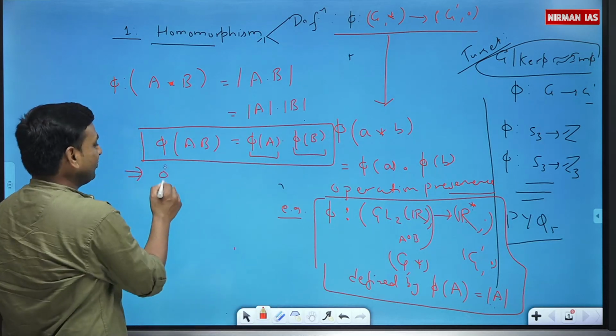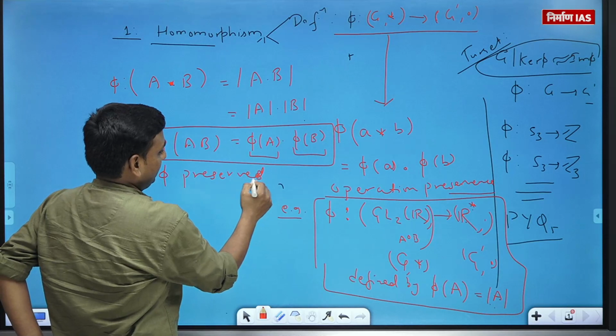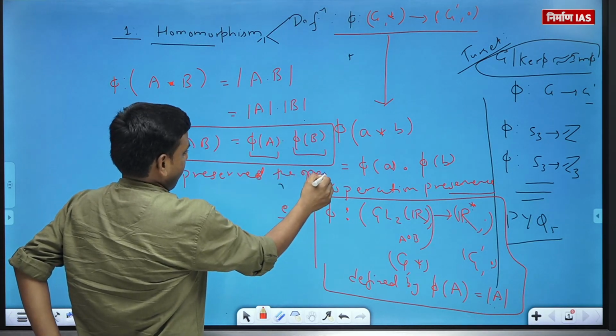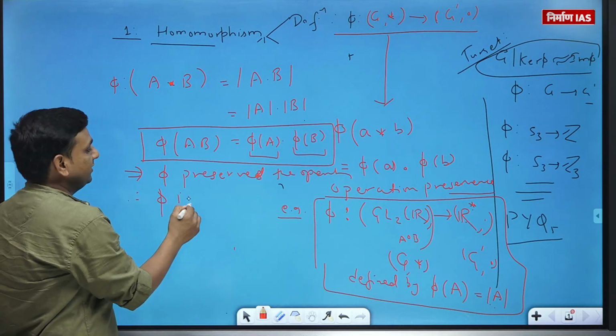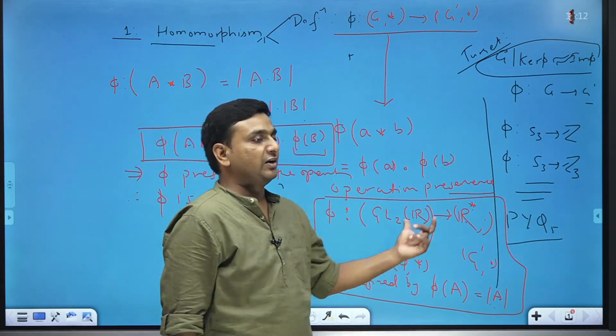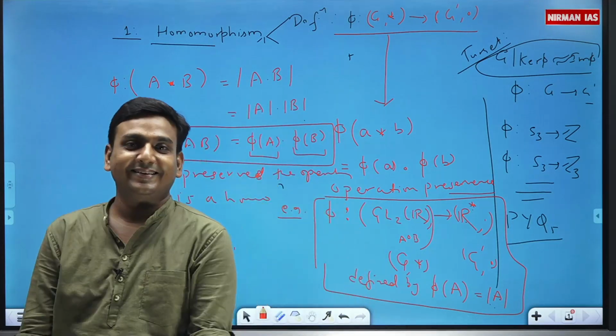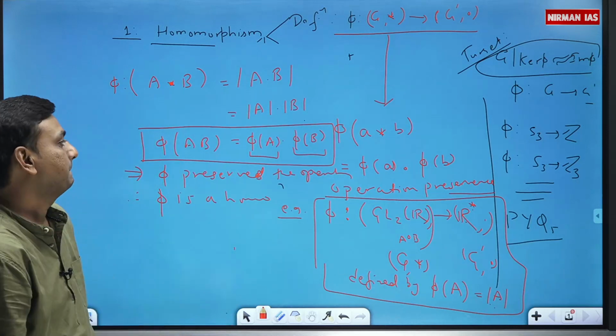This means phi preserves the operation. Is that fine? So yes, phi is a homomorphism from GL2(R) to R star. Is that now clear? Everyone?